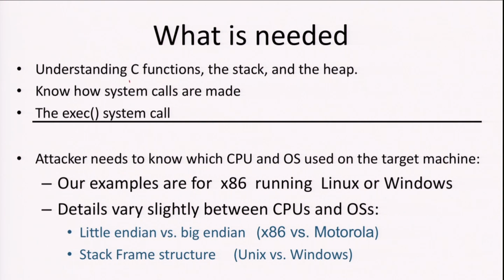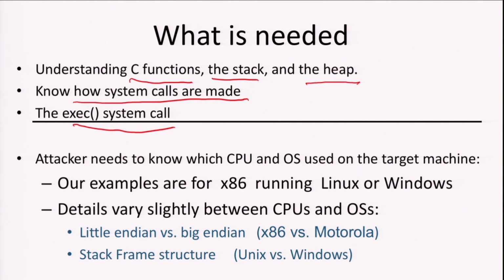First of all, you have to understand how C functions work, the program call stack and its structure, and in some cases the heap into which the buffer overflow is used, so you have to understand how the heap works. Second, you have to know how system calls are made, because many times it's the system call that is executed once the buffer overflow succeeds. And then you have to also understand how the exec system call works.